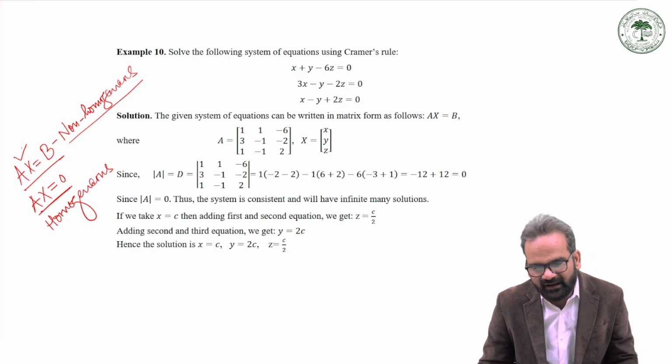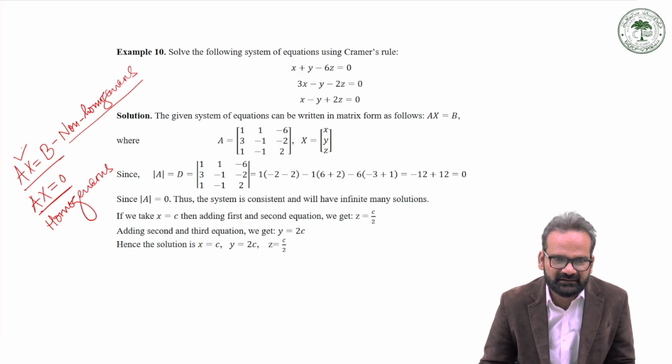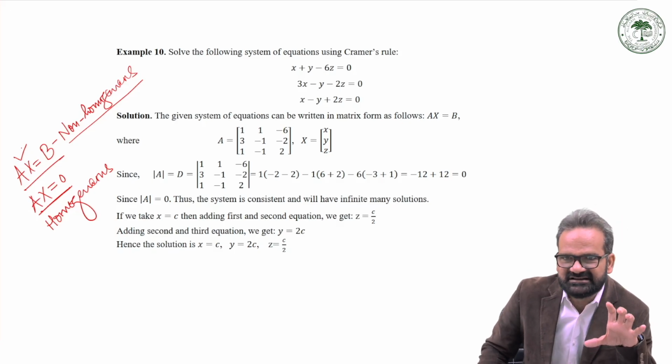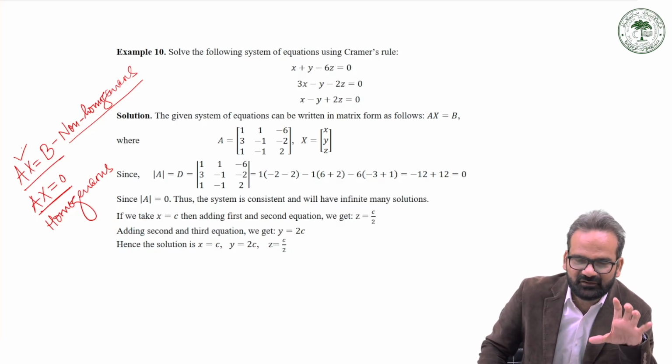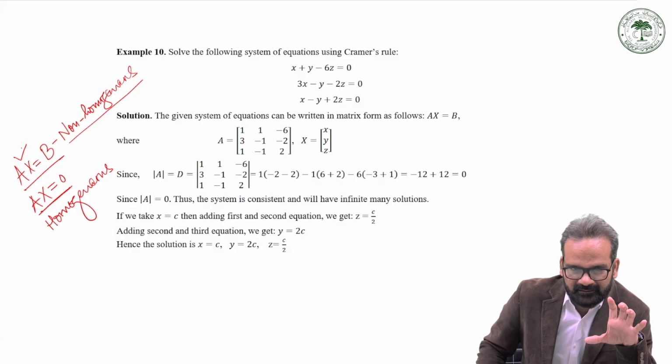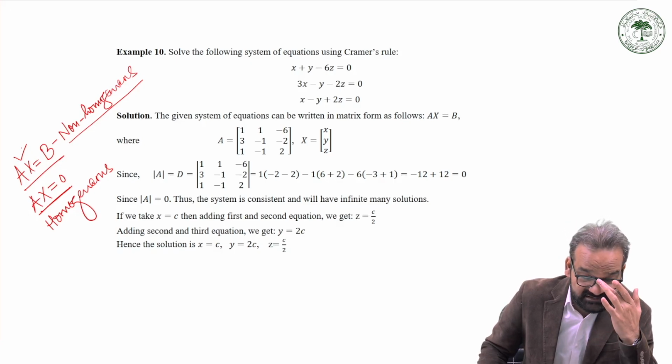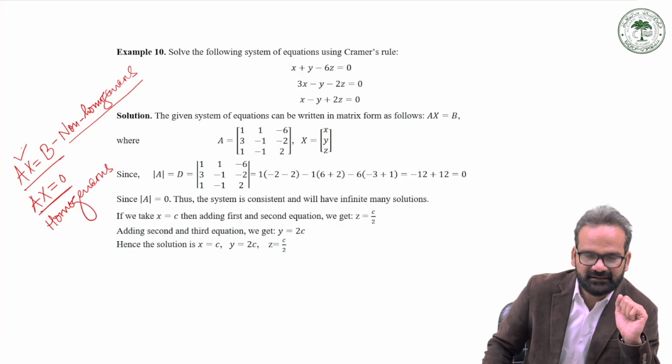Before finding the solution of this question, let me recall the condition for consistency. Under what condition are the systems Ax equals B and Ax equals 0 consistent or inconsistent?